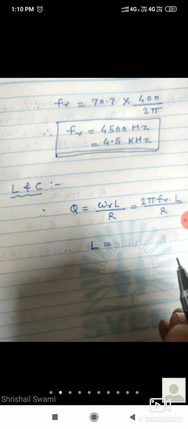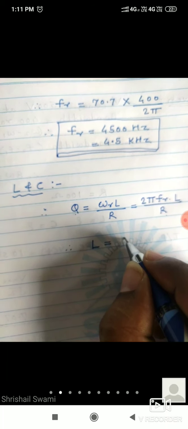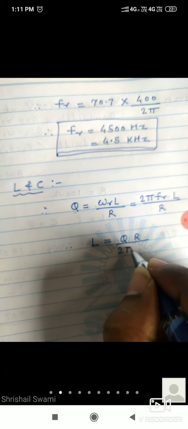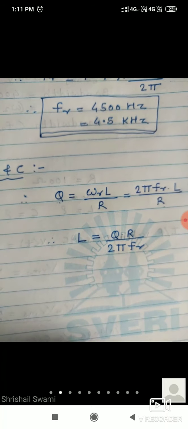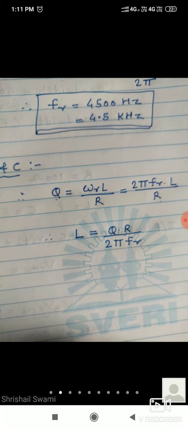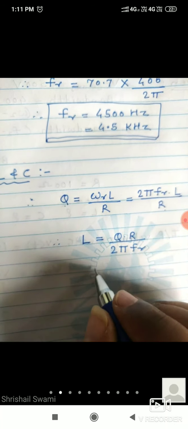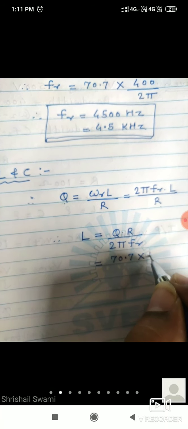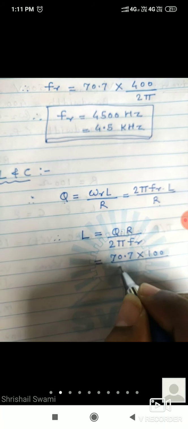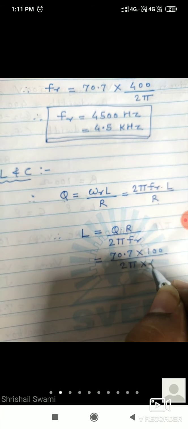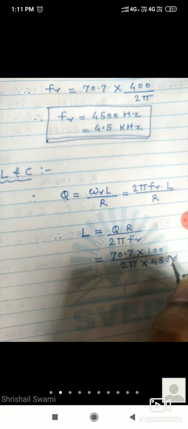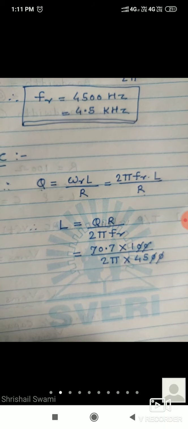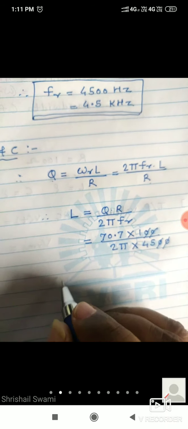Let's put the values and find out L. L is equal to Q into R divided by 2 pi FR. So put the values. Q is 70.7, R is 100 divided by 2 pi into 4500. So these 00 will get cancelled. Okay. So tell the answer of L.